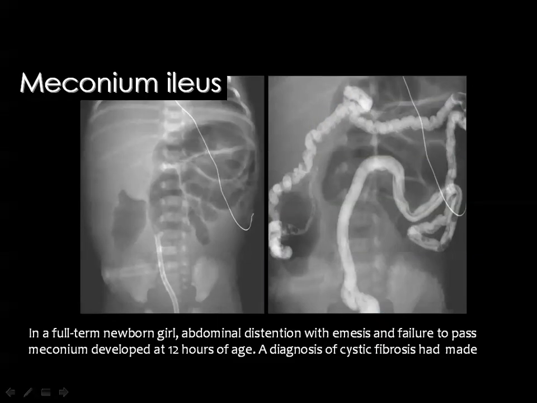Then by plain film, you cannot predict that you are dealing with a case of meconium ileus, but you can see distension of the small bowel, which may be the result of many conditions. And whenever you inject barium through the colon and you get multiple filling defects in the proximal part of the colon as well as in the distal part of the ileum, this is diagnostic of meconium ileus.